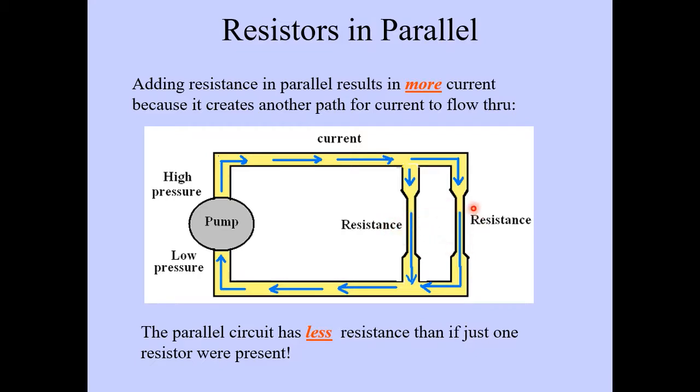Well, if we add another resistance or another straw over here in parallel, notice we get twice as much flow now, because we can get flow going through this branch, or we can get flow through this branch or path. So we've added more paths by adding resistances in parallel. So the parallel circuit has less resistance than if there were just one resistance present.